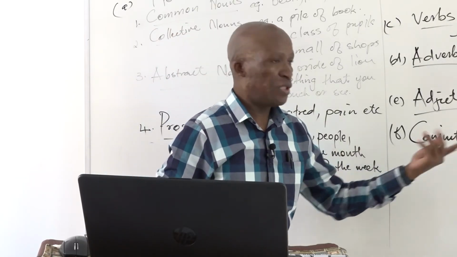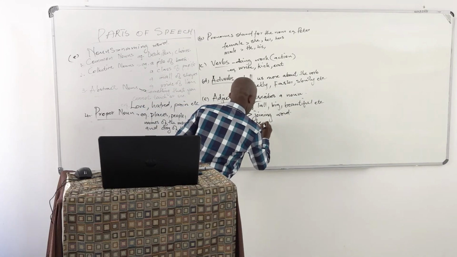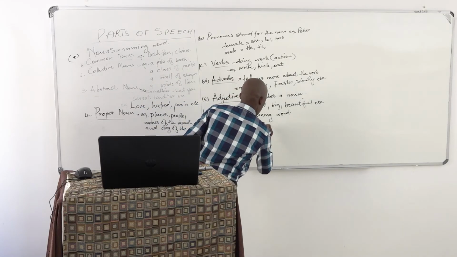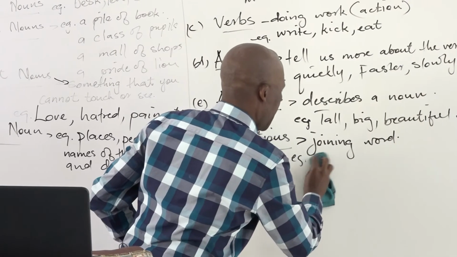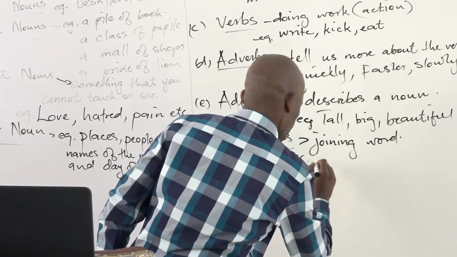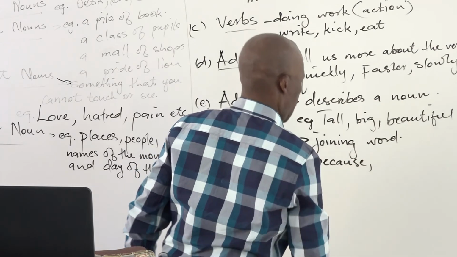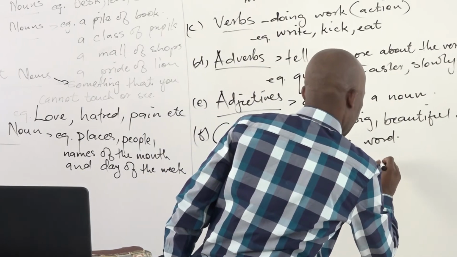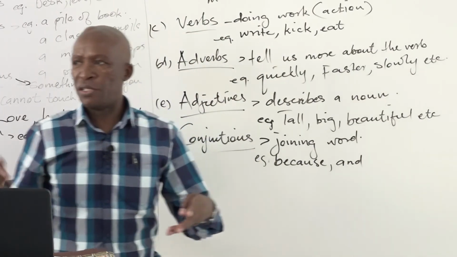Now, we've got different types of conjunctions, such as because. Peter arrived late at work because of transport. We've got a conjunction such as and, a simple one. Fish and chips. We are joining fish and chips.